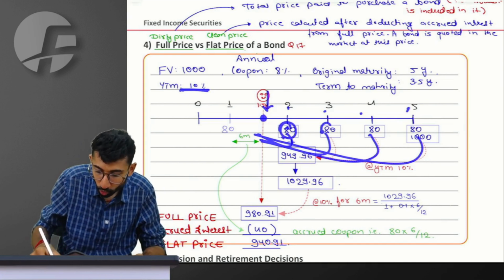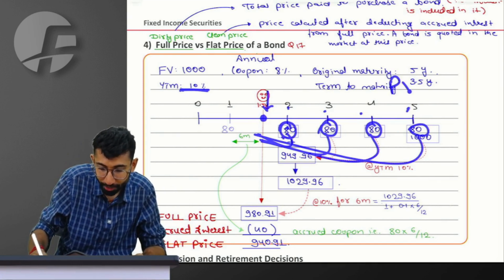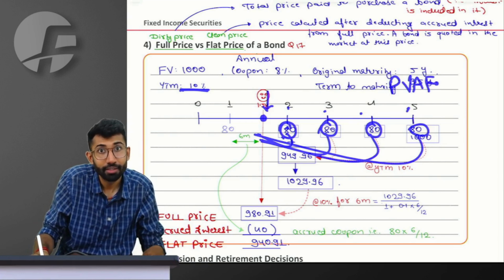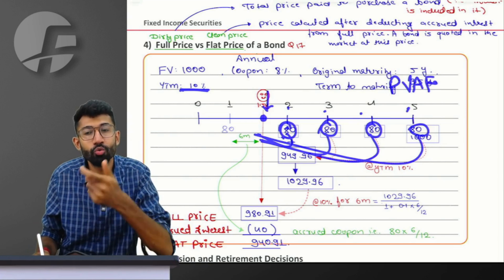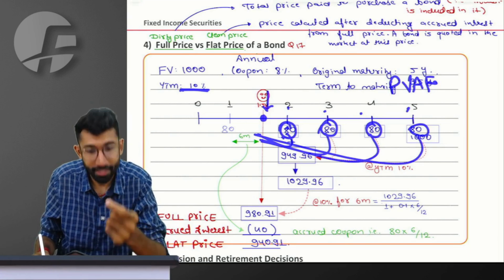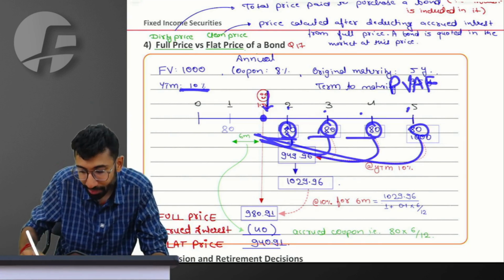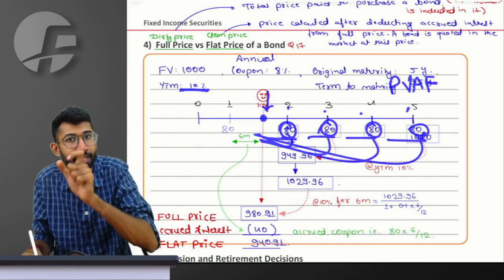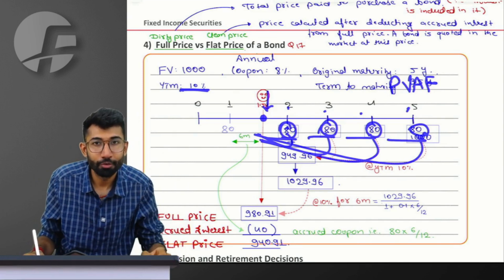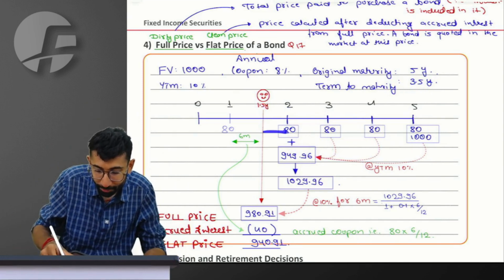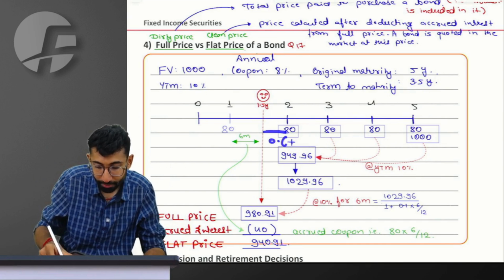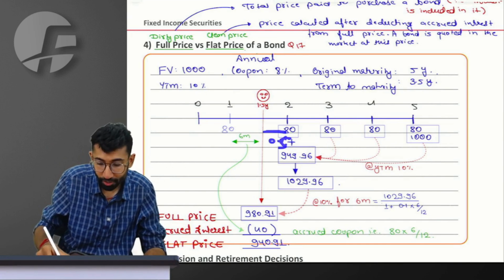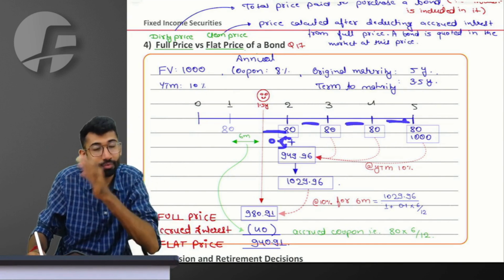So basically the coupon amount into the present value annuity factor, correct? To be able to do the discounting, first of all, you must realize that it should be an annuity. Annuity means same amount after the same time interval, and this time interval is 6 months, which is 0.5 year, whereas the rest of the time interval is 1 year.